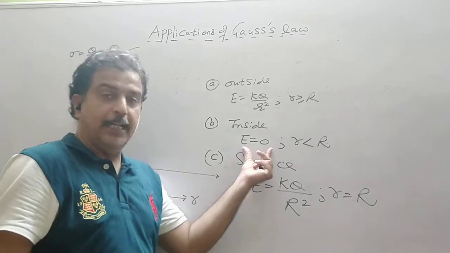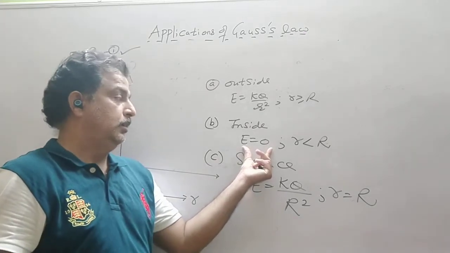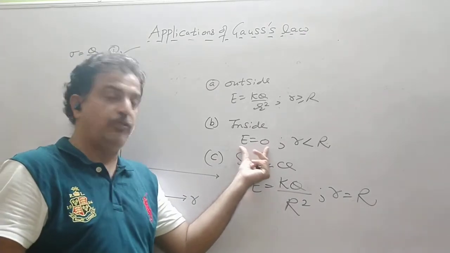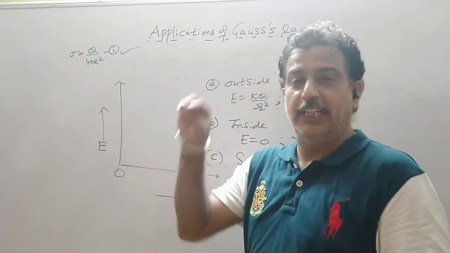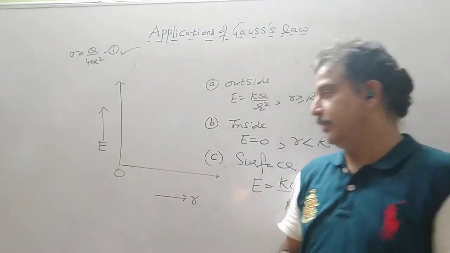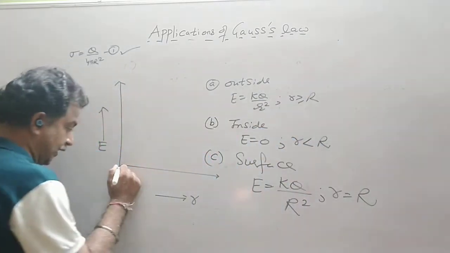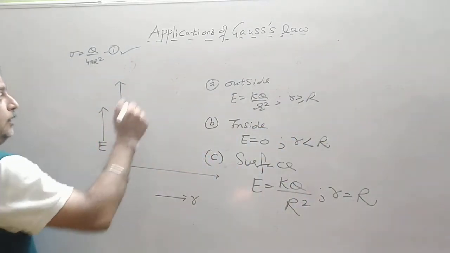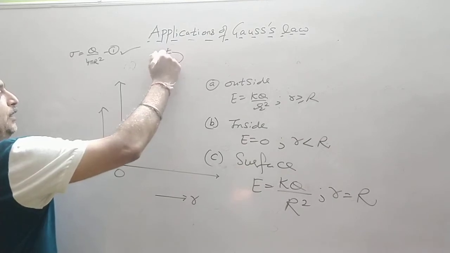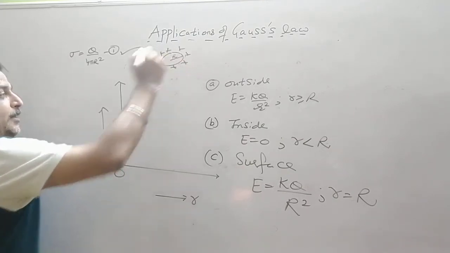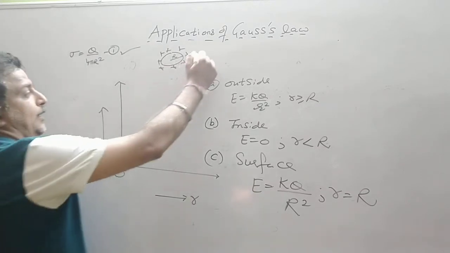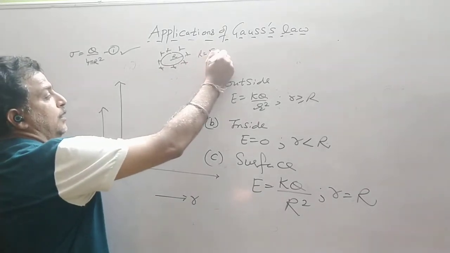So if you are inside the spherical shell, the electric field remains 0 till you come on the surface. So at the center, I am at the center. This was our source. Capital R was its radius. So let us say capital R is 5 centimeter.